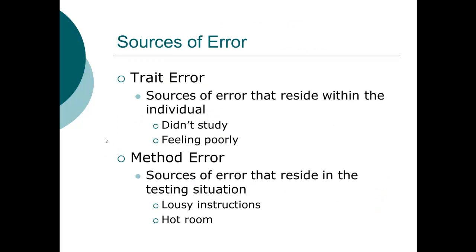Now, what are some ways that we can get some errors in some tests? Well, trait error. These are sources of error that reside within the individual. There's nothing you and I can do about the individual. You and I can't take the test for them. So whatever they bring to the table that day, it's what they bring.